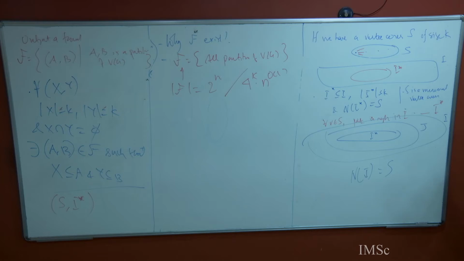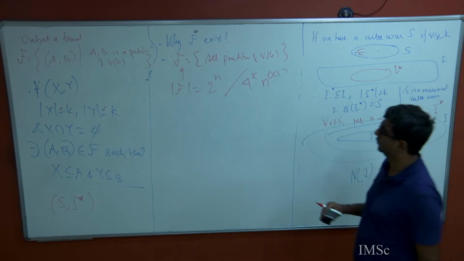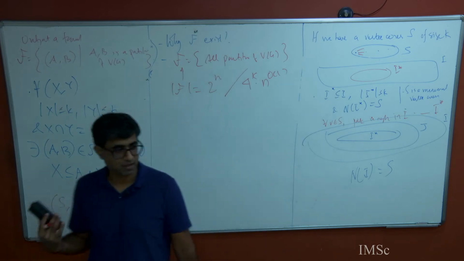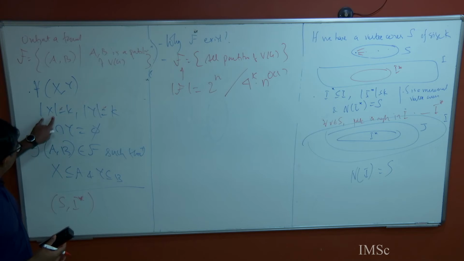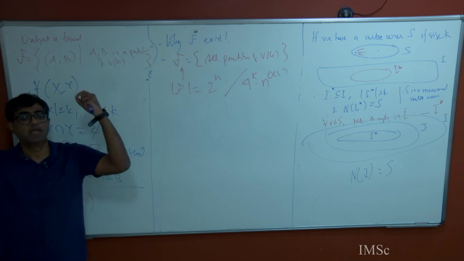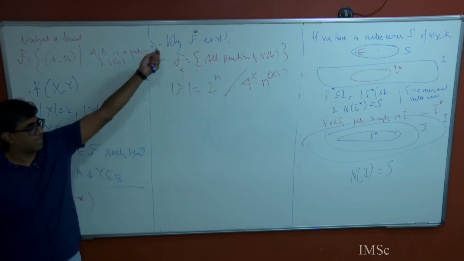Do you understand my point? Do you at least understand the question? I know that a 2 power n size family exists, but a 2 power n size family has nothing to worry about x and y. You give me any two sets which are disjoint, I can find y.